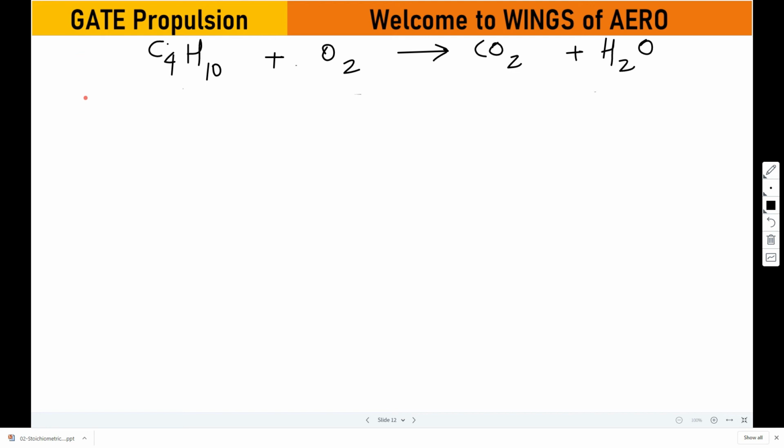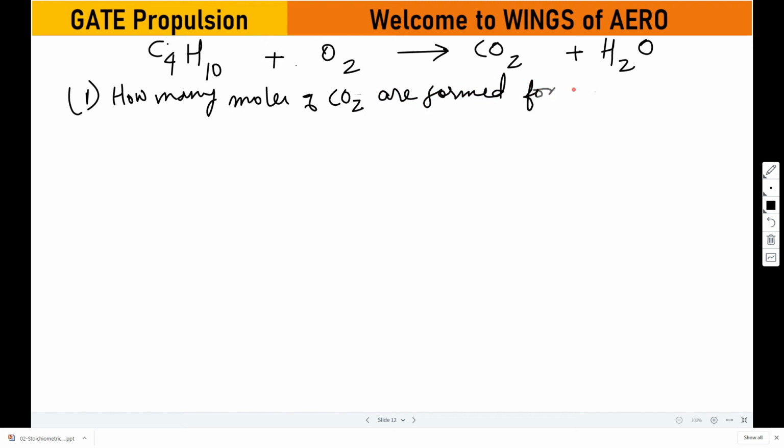The first question is, how many moles of CO2 are formed for each 1 mole of C4H10.